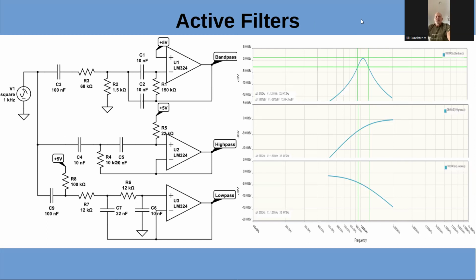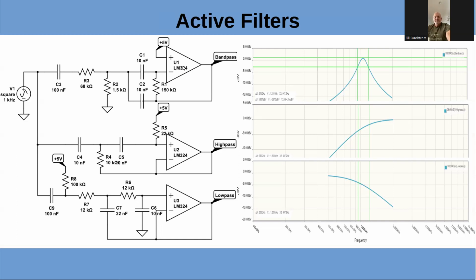This is just showing op amps again. And this works great at low frequencies where you can do an active filter and create a band pass or high pass or low pass. And in these cases, I guess that's a 2-pole.